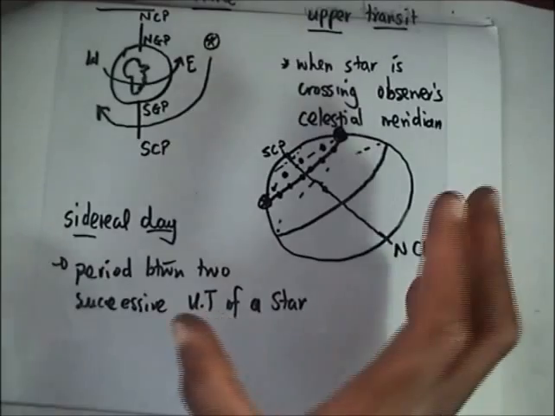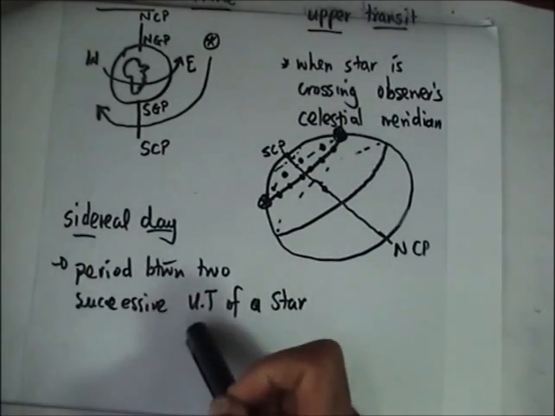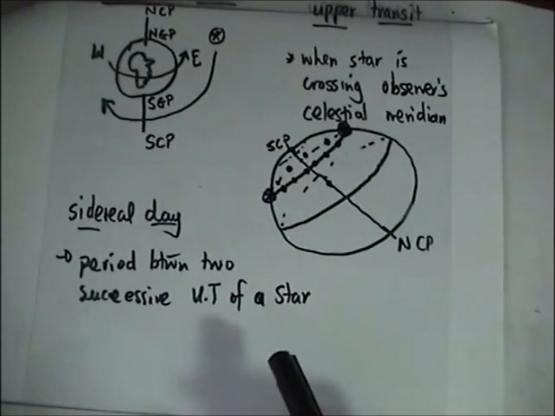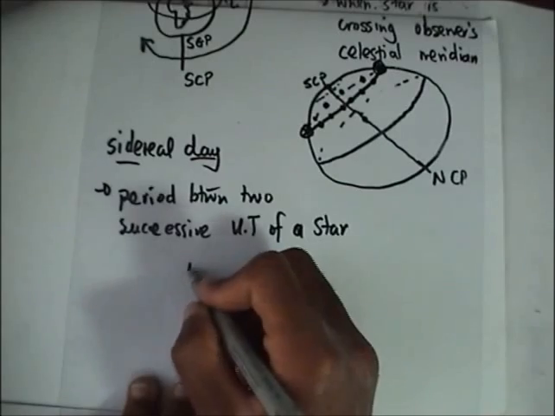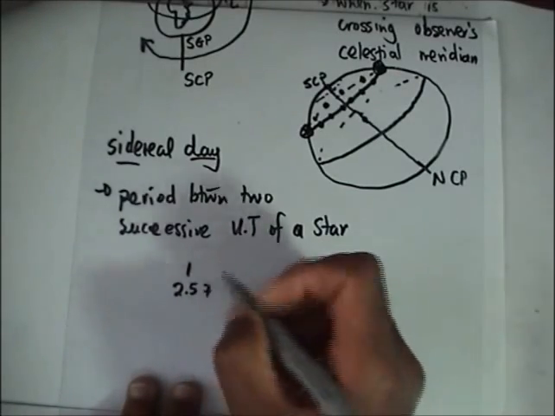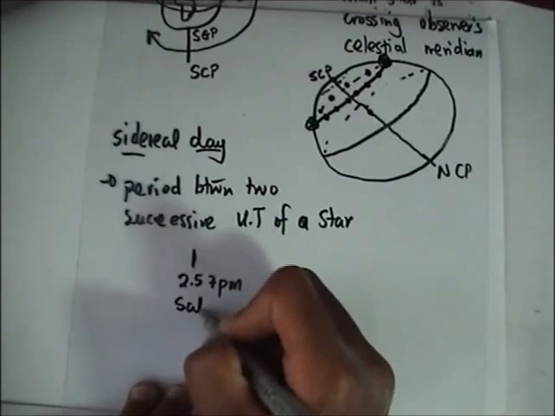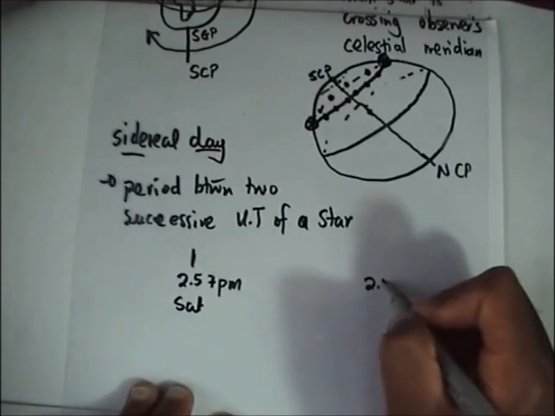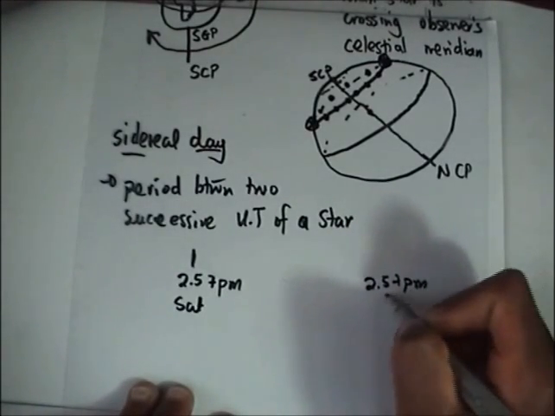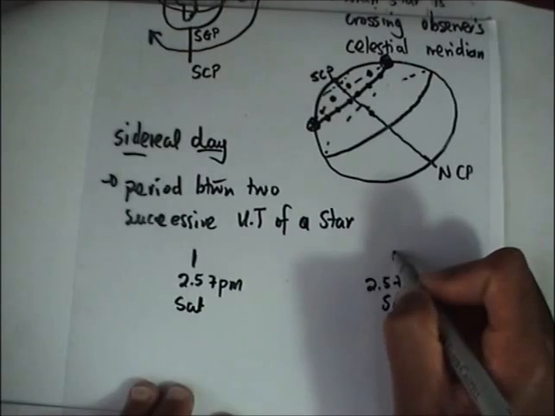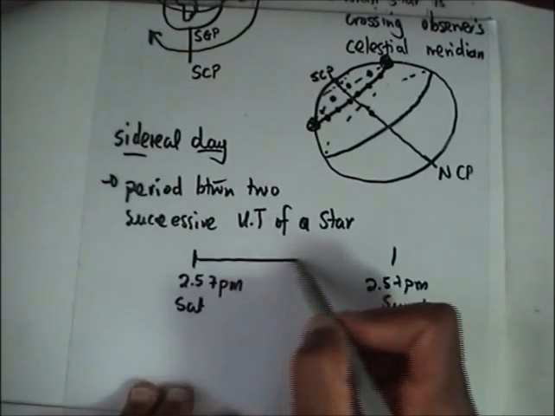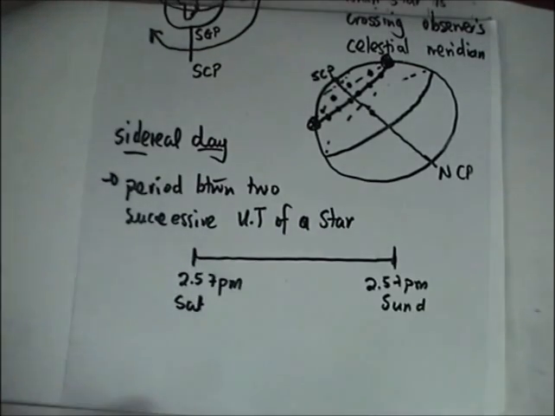Or let me see, the time right now is 2:57 p.m. 2:57 p.m. today, Saturday, to 2:57 p.m. tomorrow, Sunday. The period between these two is a normal day, the normal day that we talk about.